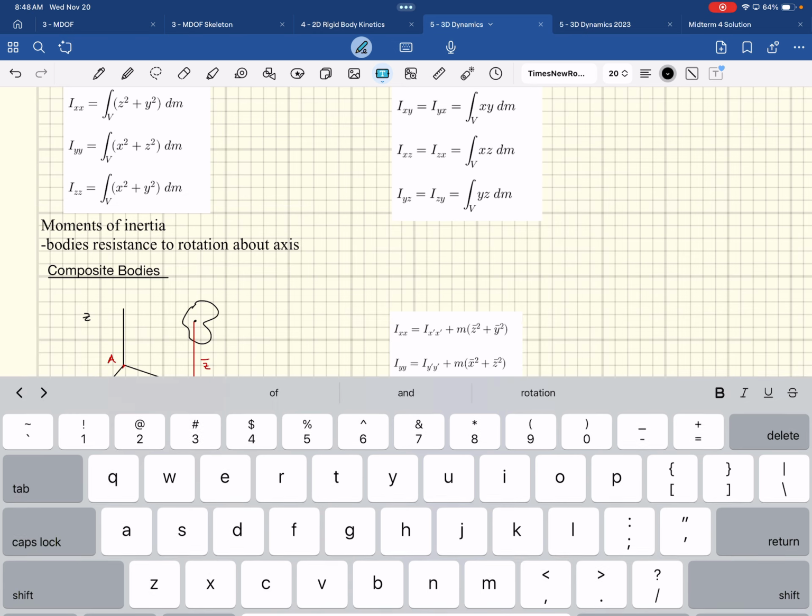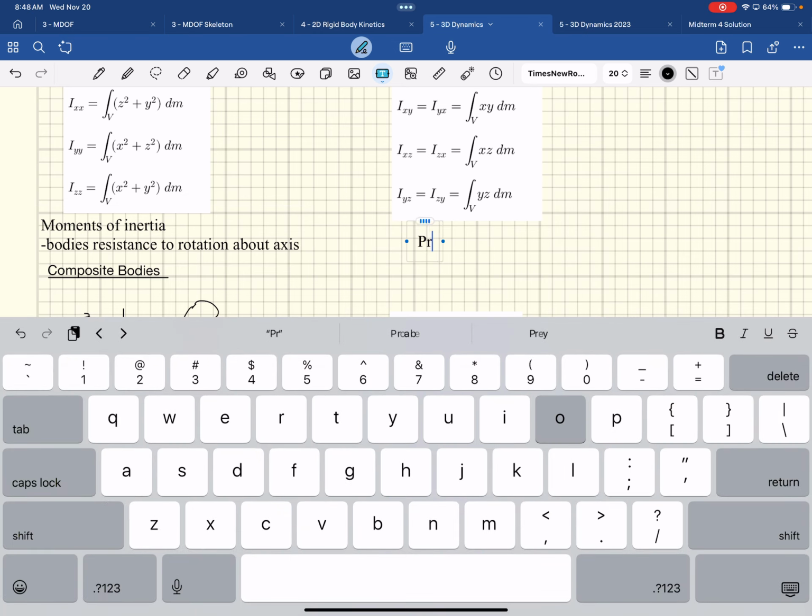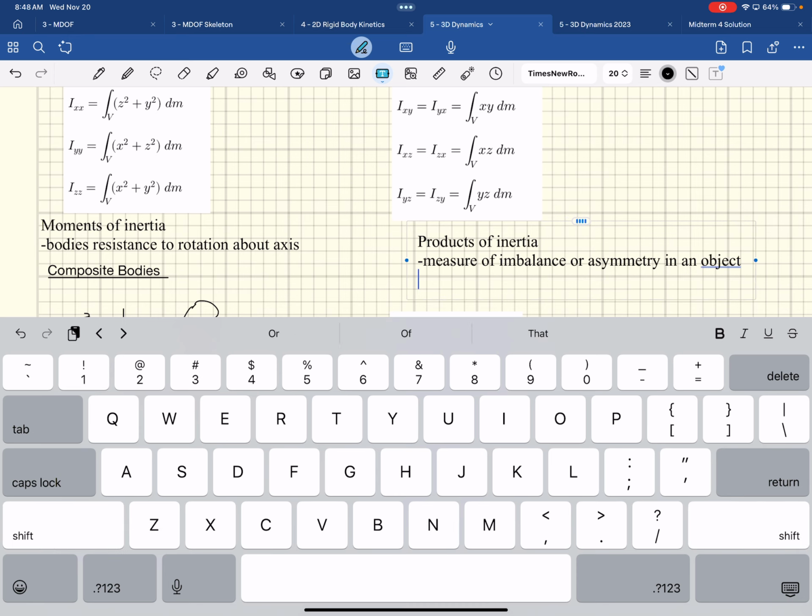These guys over here are my products of inertia. It is a measure of imbalance or asymmetry in an object.